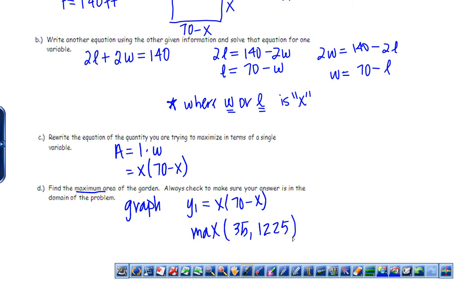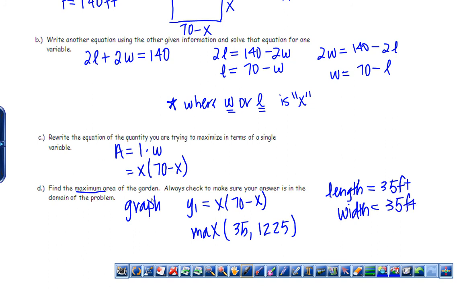1,225. Now we just need to interpret that. So if your length or width is 35, that would be 35 feet. Then of course your width, which is 70 minus 35, is also 35. Not much of a rectangle here.